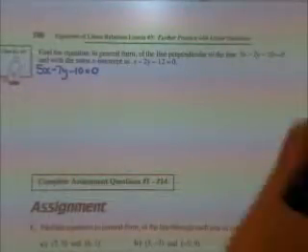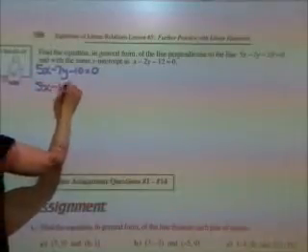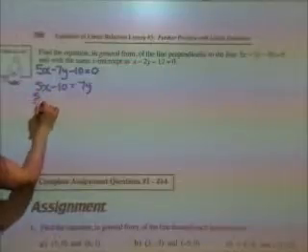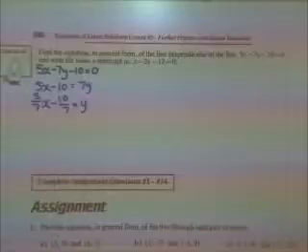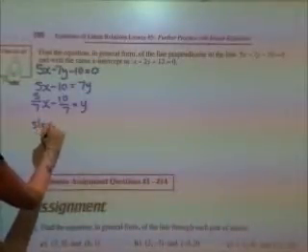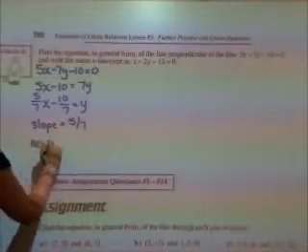So if I take my equation, I will move the y over because that would make it positive, and then I would divide by 7. So what is the slope of this line? The slope is 5/7. So what would the new slope be?